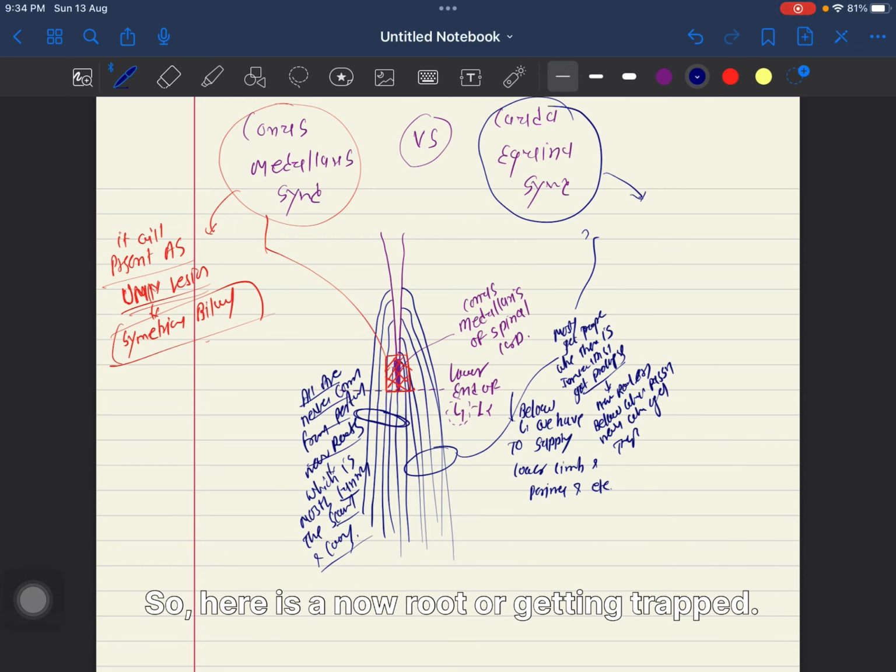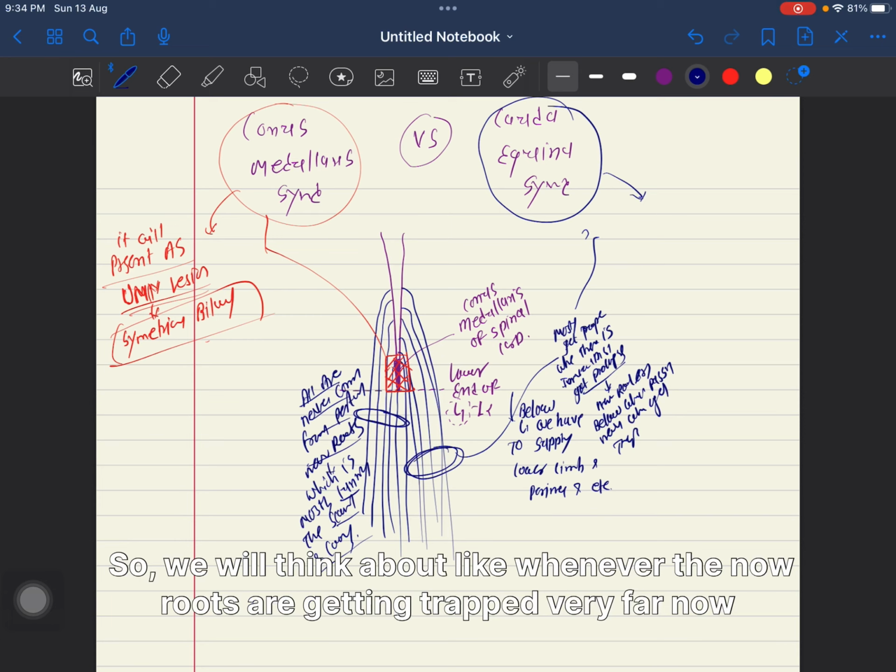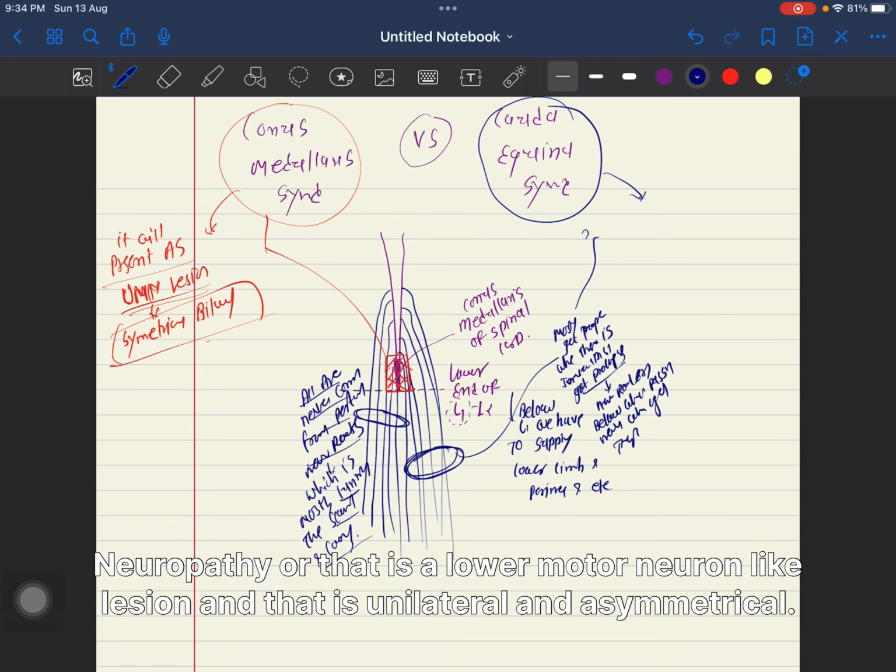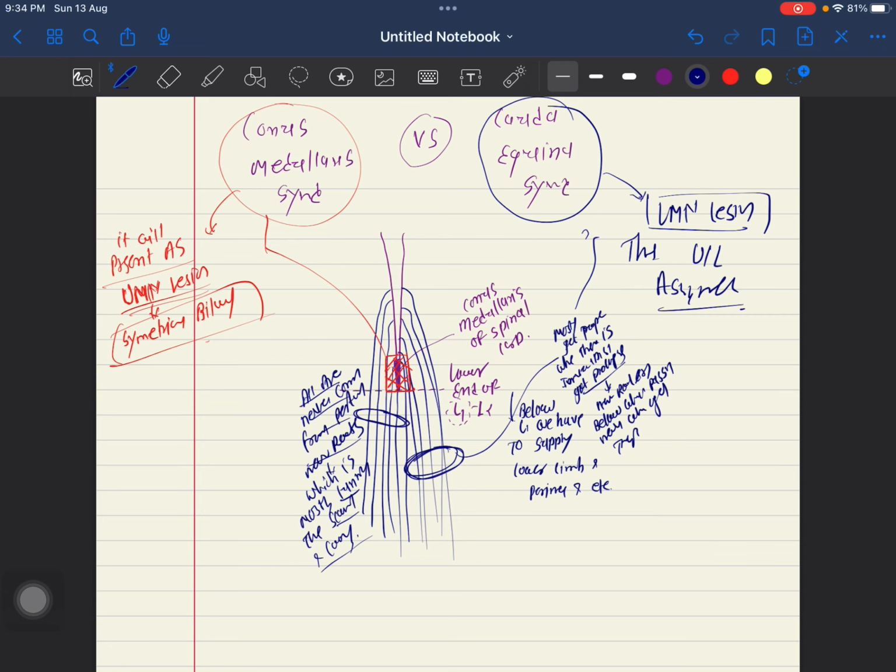So here the nerve roots are getting trapped, so we think of peripheral neuropathy, that is, a lower motor neuron lesion, and that is unilateral and asymmetrical.